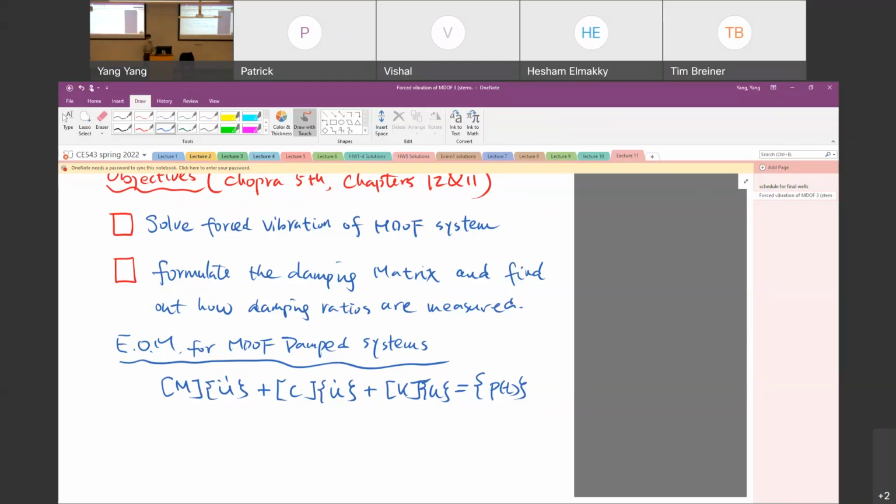So that's very similar to the SDOF system. The only difference is that we use matrices and vectors, because for different masses we have different displacements.